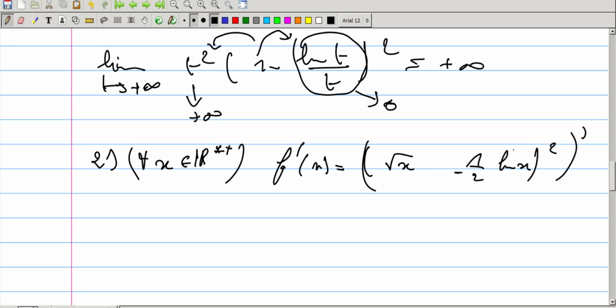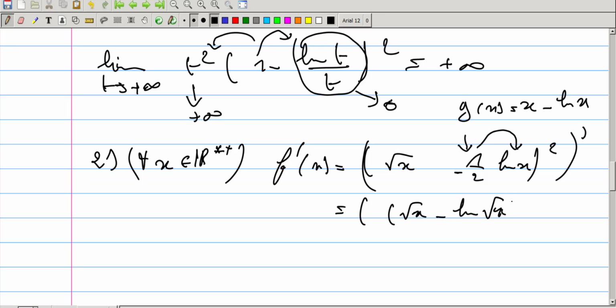Now we have a function that is a little bit similar to g of x. We said g of x was x minus ln x. To know that, if we take this 1 over 2 out, we will have a new expression: the square root of x minus ln of the square root of x.